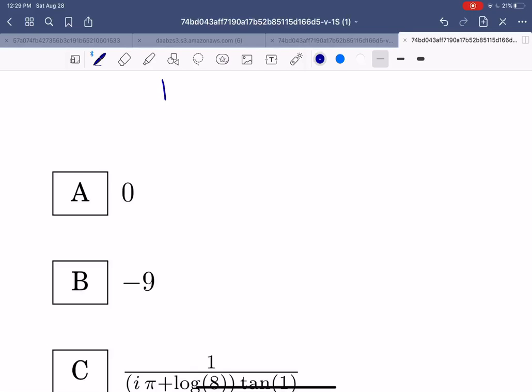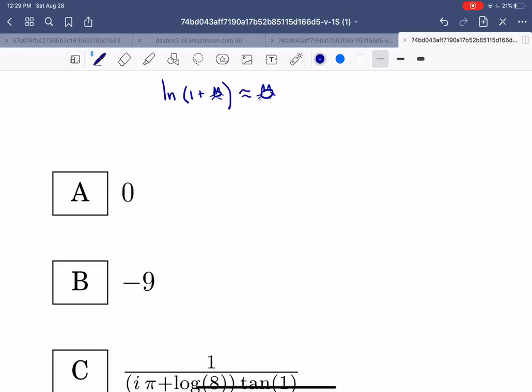Anytime you have log or ln, by the way, in higher mathematics, ln and log are used interchangeably. Anytime you have ln of 1 plus anything, and I mean anything, it could be cat, that will always behave just like cat so long as cat is getting small.